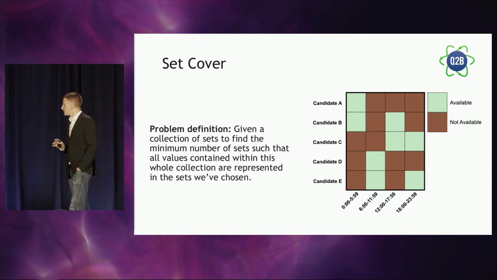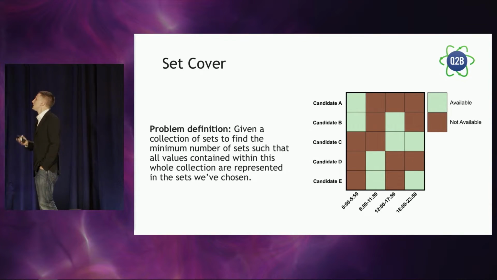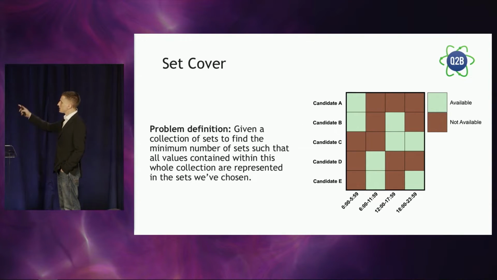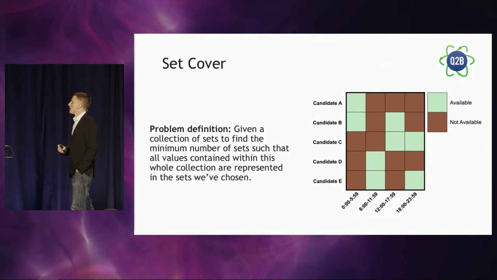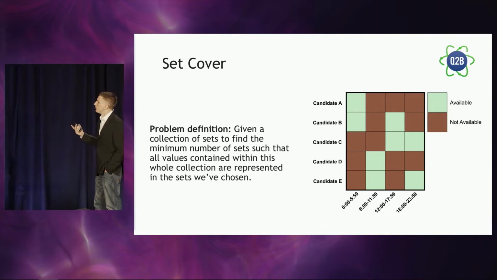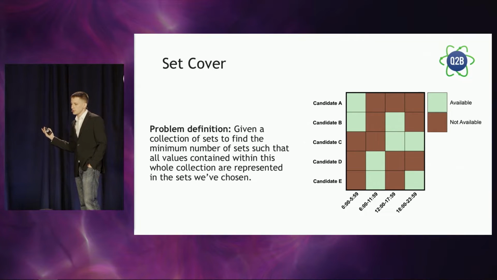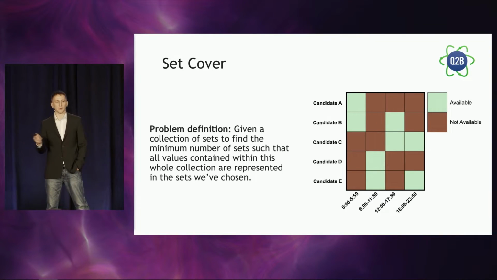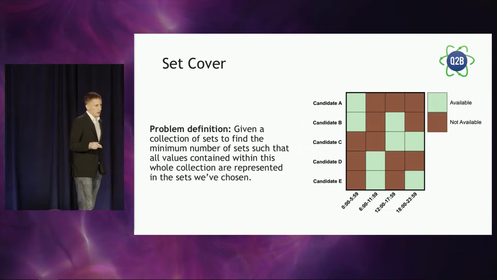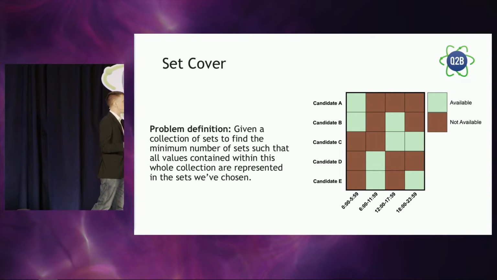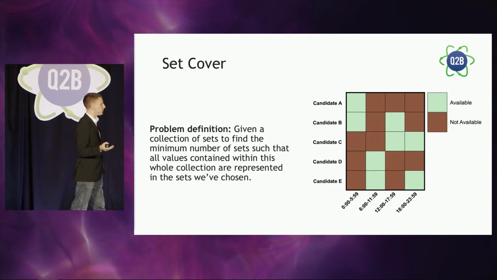Okay, let me explain that in a clearer way. Imagine that we are running a lab, and we want that lab to be guarded for 24 hours because we have very valuable information there. And of course, we don't want to hire more people than we need because we are on a budget.